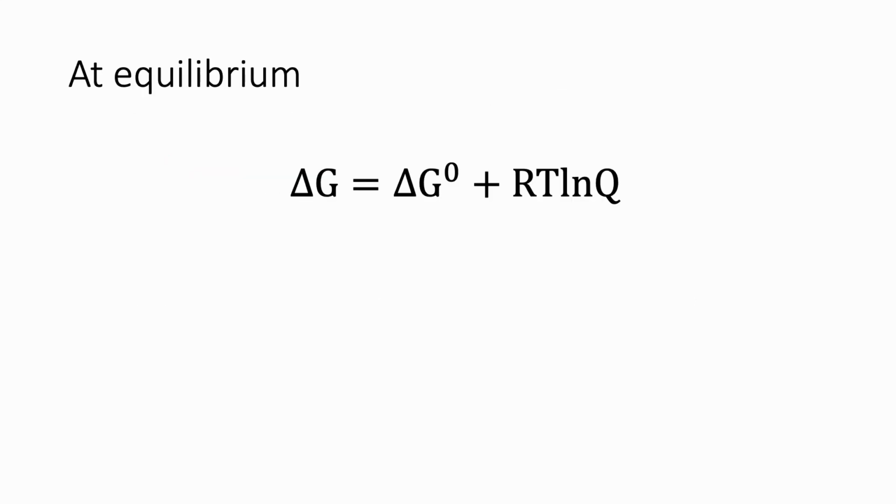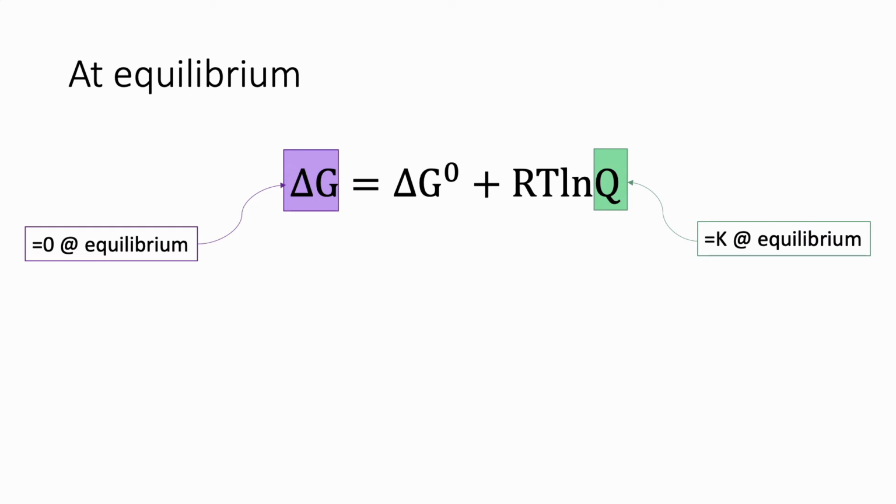So let's think about what would happen to this equation when we're at equilibrium. First of all, when we're at equilibrium, our delta G value is going to be 0. That was something we talked about in the introductory video about free energy. The other thing that's going to be true at equilibrium is that our Q value, our reaction quotient, will be equal to the equilibrium constant.